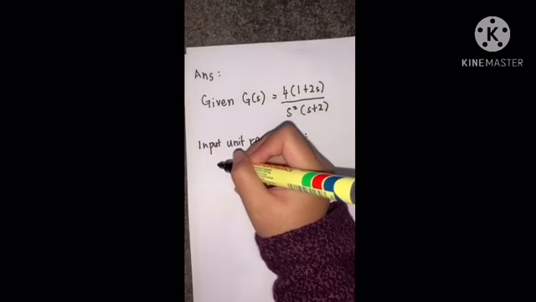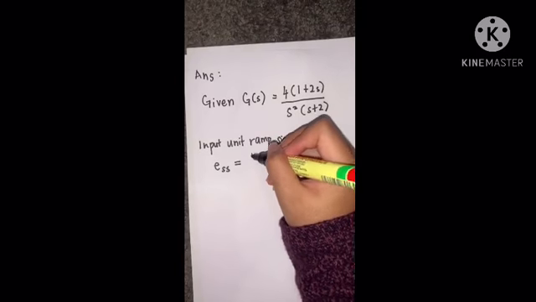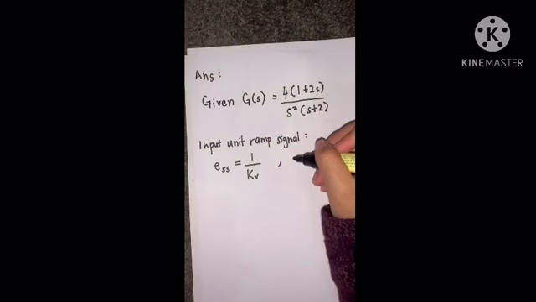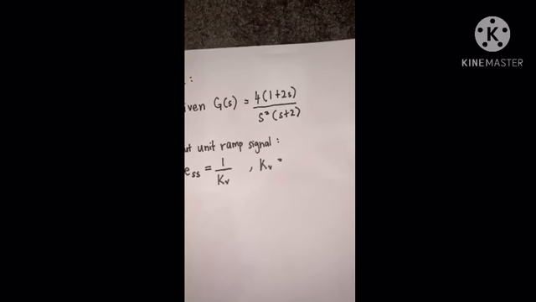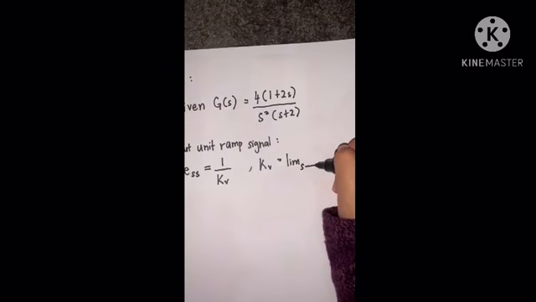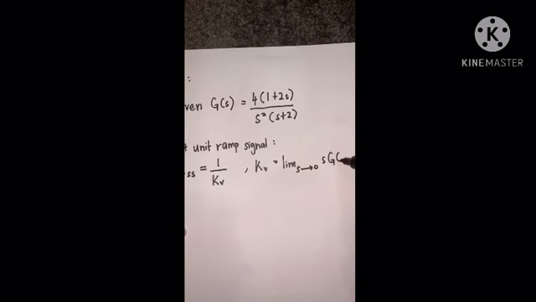So it means that we can obtain two things from this, which are ESS, which stands for steady state error, and also Kv, which is the velocity error coefficient. So we want to find the ESS, so we need to find Kv also.